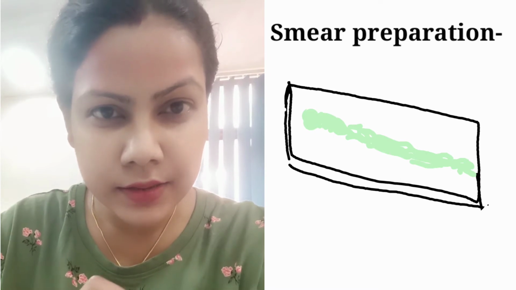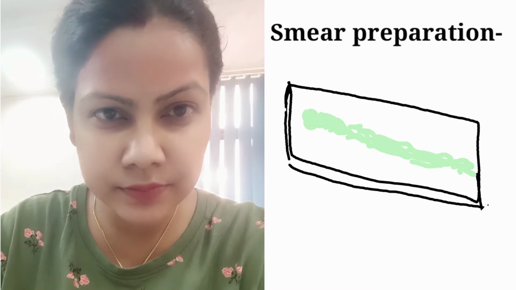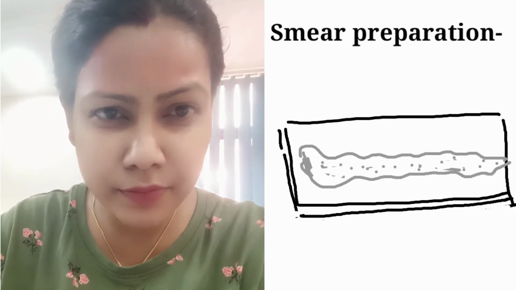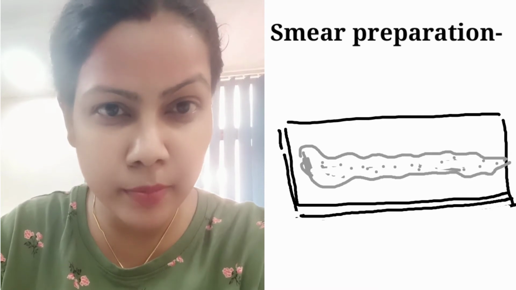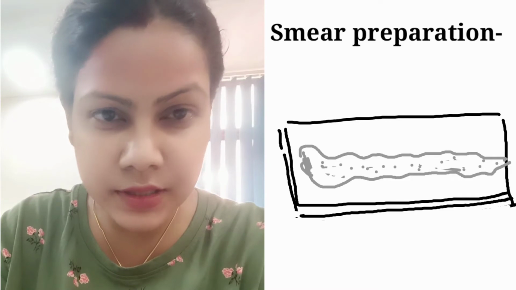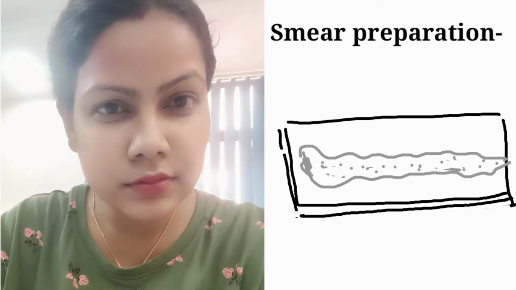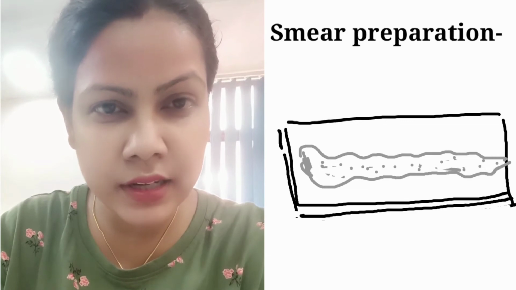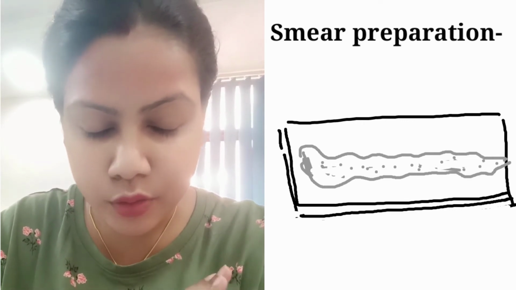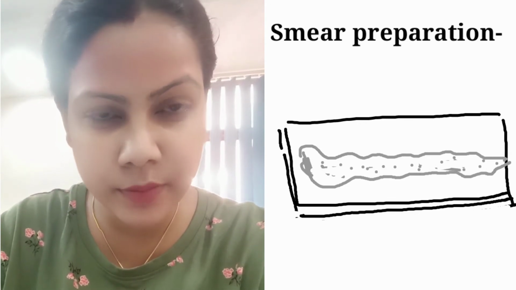Then we will get a free-flowing smear, formed as a result of free flow of that drop of suspension, and allow it to air dry. No heat fixation is needed. This is the gross step of Leifson staining.